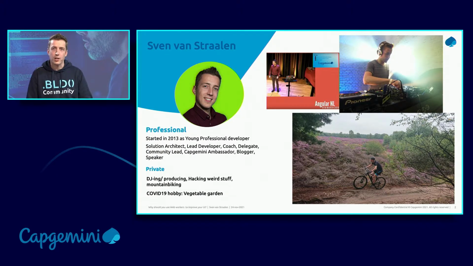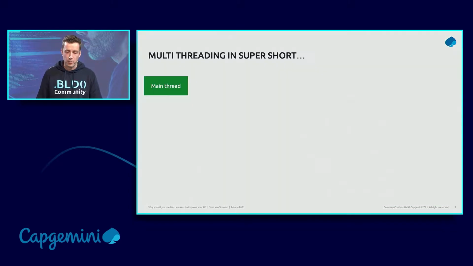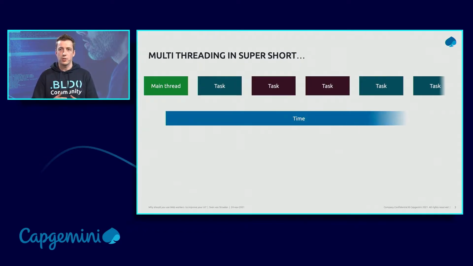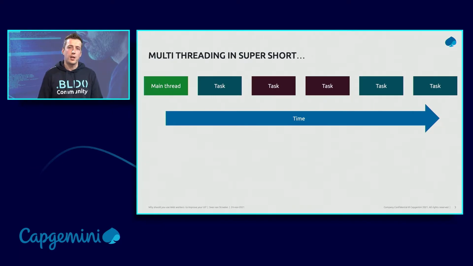Before we start working with web workers, I want to tell something about multi-threading to get you all up to speed. This is not going to be a talk completely about multi-threading because that will take too long, so I'm going to explain in super short what it is. With a single thread, most of the time your computer is going to execute task after task.